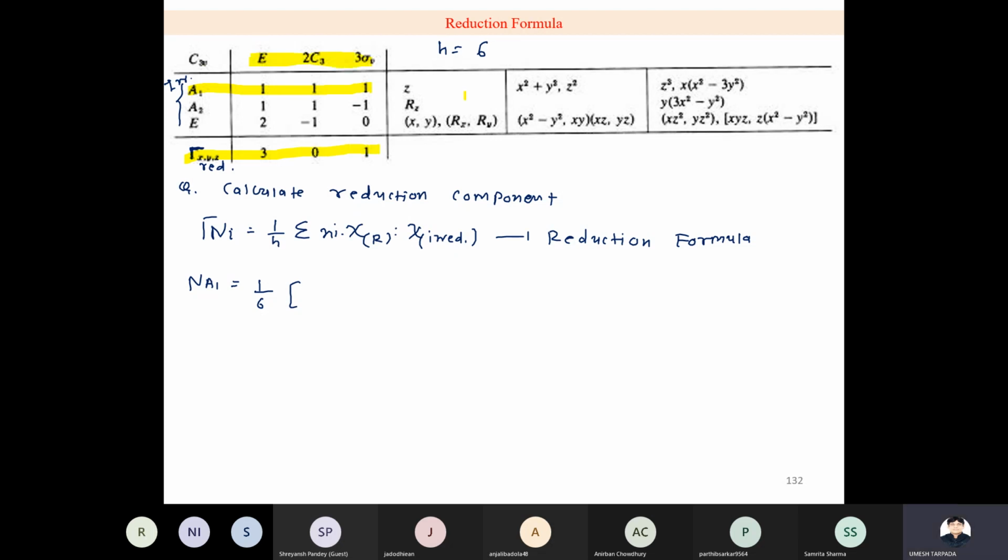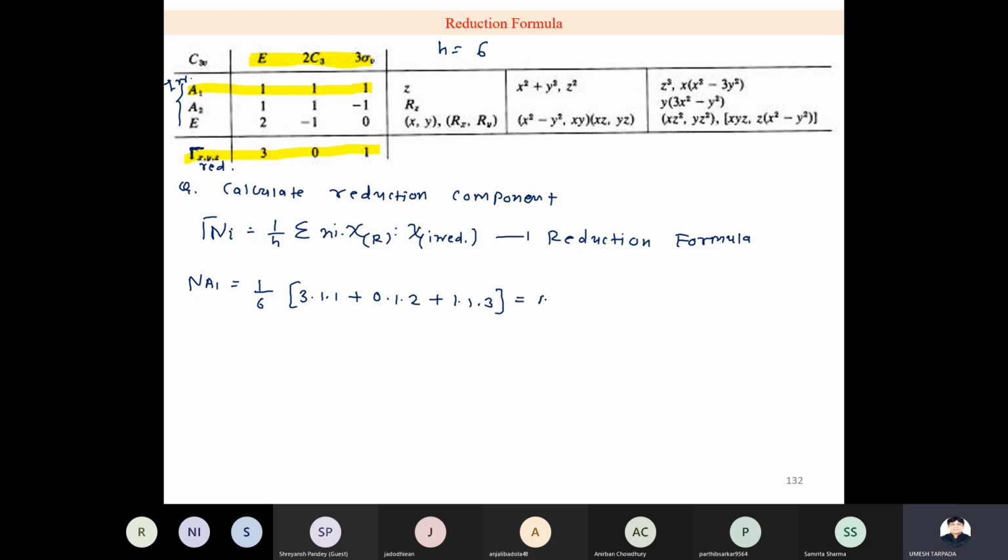Earlier we multiplied the unshifted atoms with the trace to find the 3n value, but here you need these three things. So the first one is 3 into 1 into 1 plus 0 into 1 into 2, then 1 into 1 into 3. So 3 plus 3, that is 6 by 6.